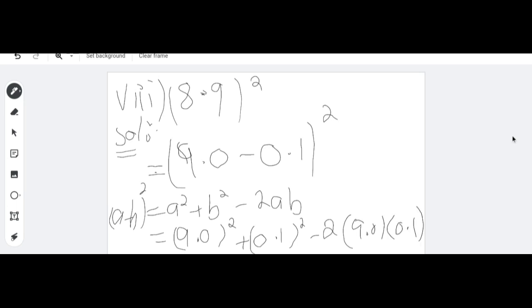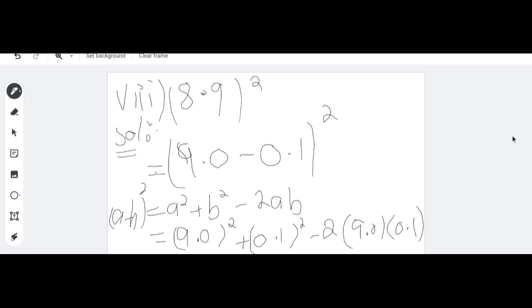Understood? 9.0 and then 0.1. Okay. Now you have to give me the answers as well, no? The decimal part is where I don't get it. I get everything else. For the 9, for example, this is 9.0.